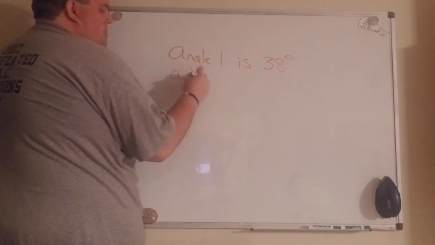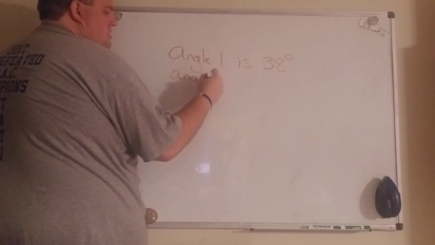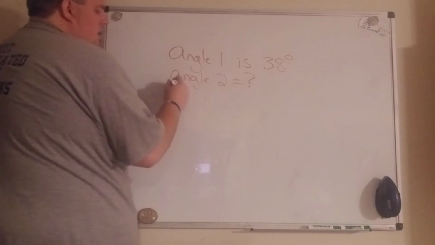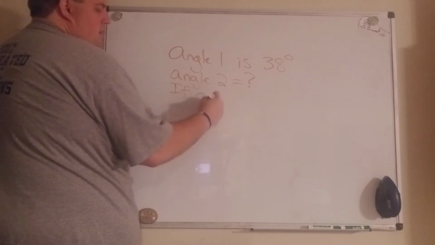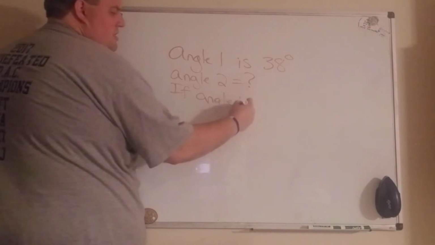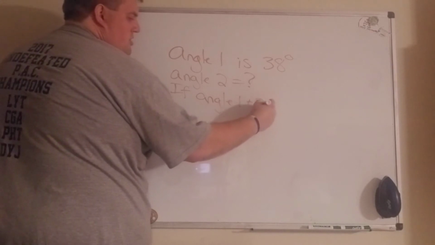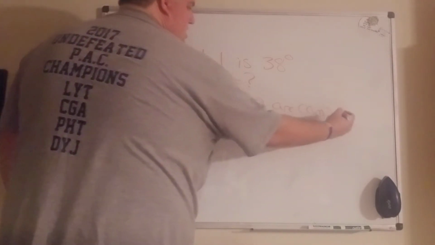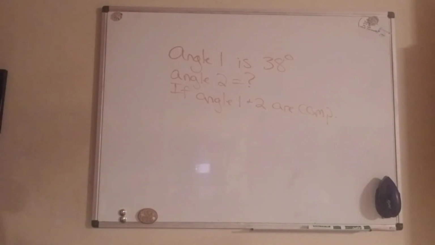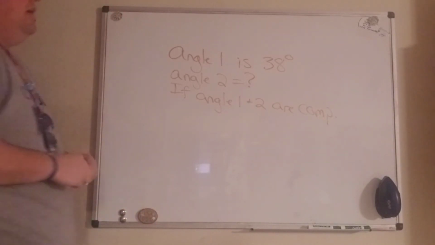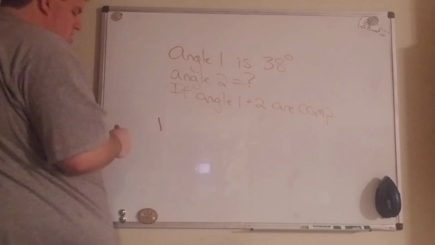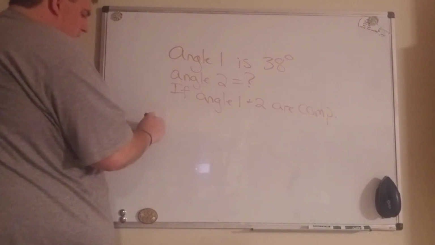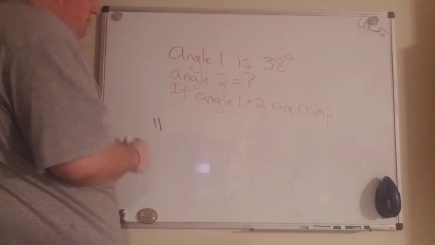What's angle 2, if angle 1 and 2 are complementary? And usually I will just write comp and I'll write sup just to make that a little bit easier for you guys and for me, I guess, to write.